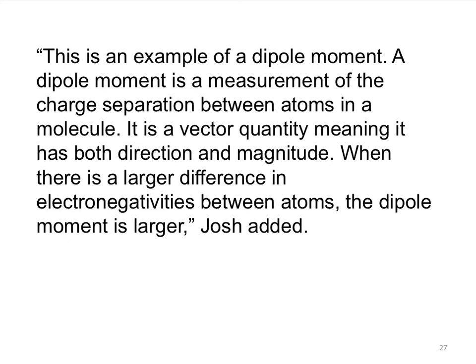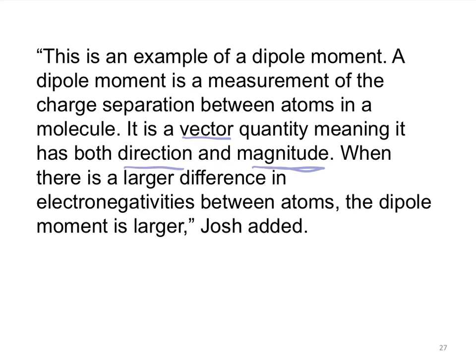Uneven sharing. This is an example of a dipole moment. A dipole moment is a measurement of the charge separation between the 2 atoms. It has a vector quality, which I don't believe many of you know what vector means. That just means it has both size and direction. It says it right here, direction and magnitude. Magnitude means size, how big something is.